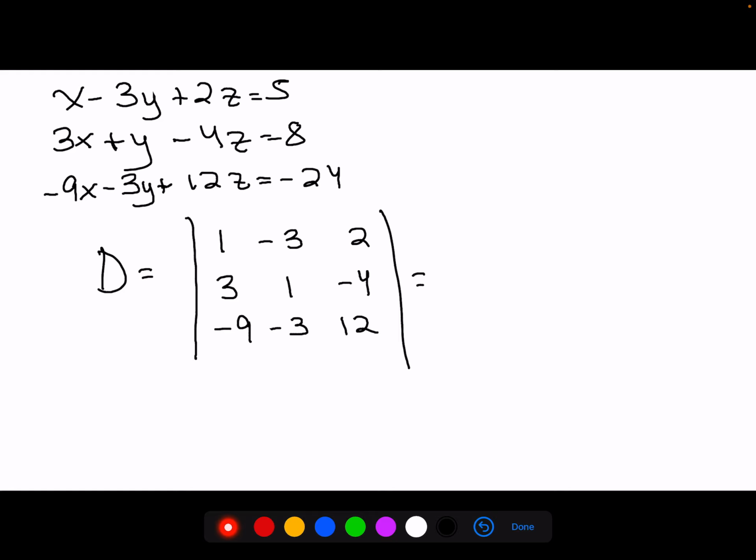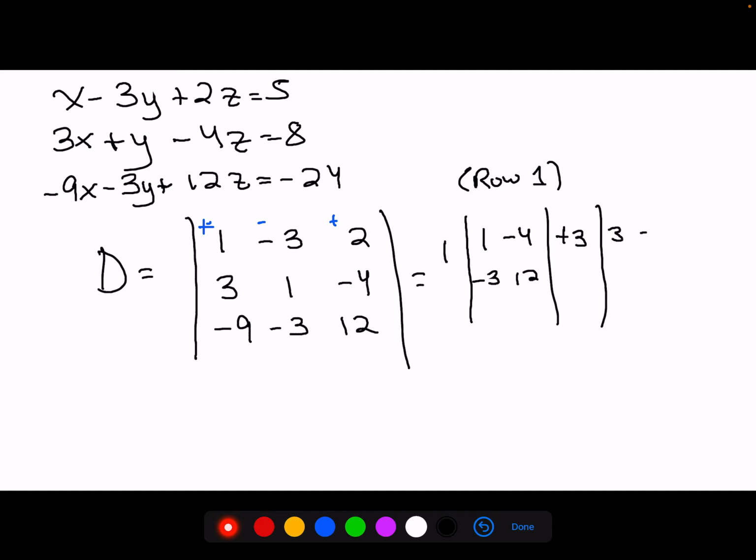Let's see. I think I went ahead and used row 1. So I can do plus, negative, plus. So I had +1 and then determinant of 1, -4, -3, and 12. And then minus 3, so +3, determinant of 3, -4, -9, and 12.